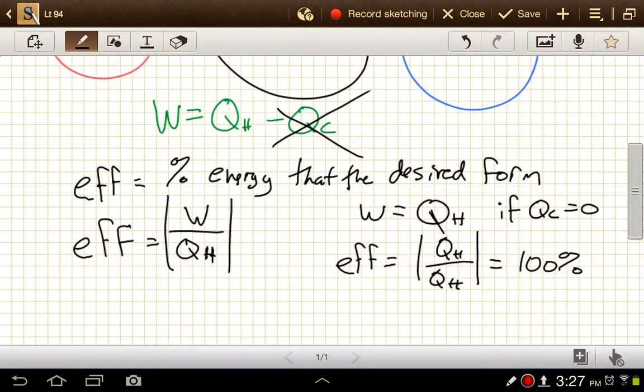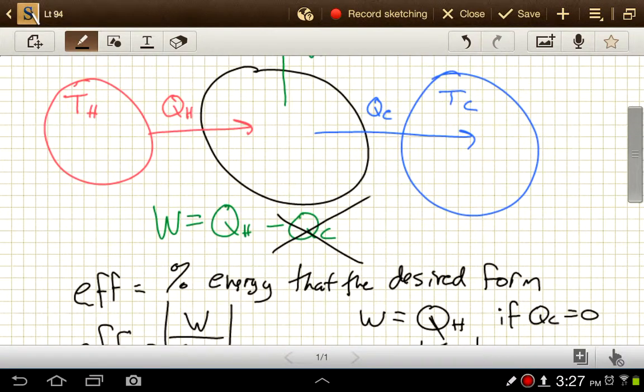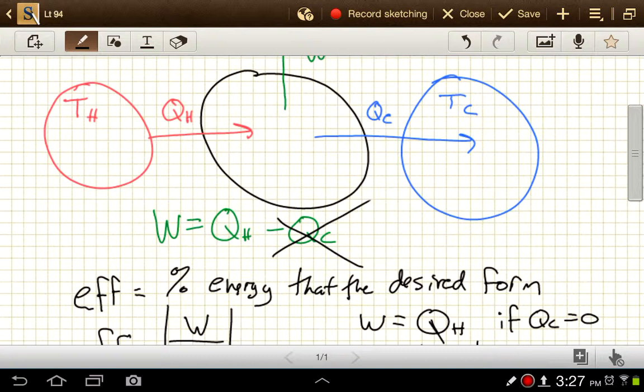The problem here is that if we want to put out no heat, if we want the net heat output into this cold reservoir to be 0, the only way that's going to happen is if we're putting out exhaust at a temperature of absolute 0. Like I said, if you felt the exhaust on your car, you know that we're nowhere near absolute 0 on that, nor could we be.